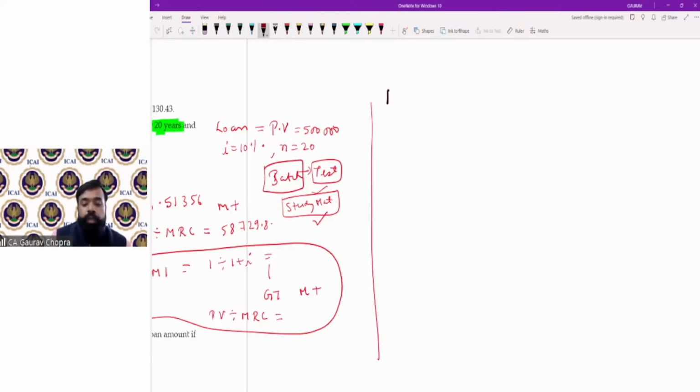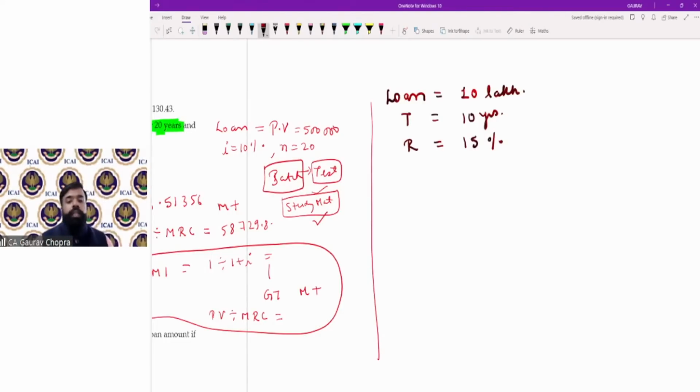Now this time loan amount is rupees 10 lakhs. Tenure is 10 years and rate is 15%. Now you have to simplify this according to the formula for EMI.